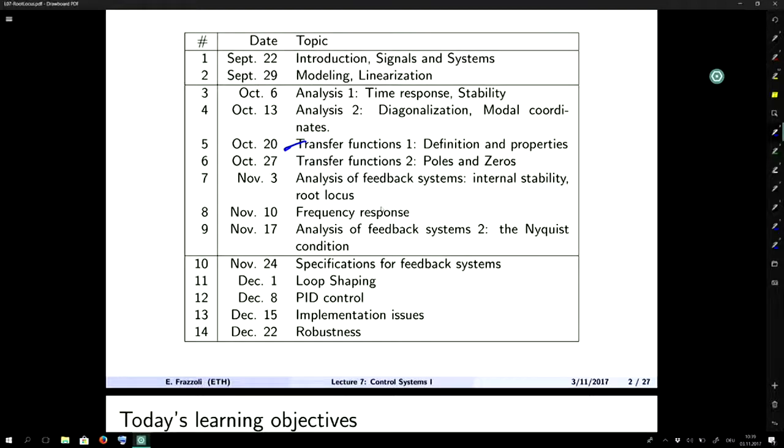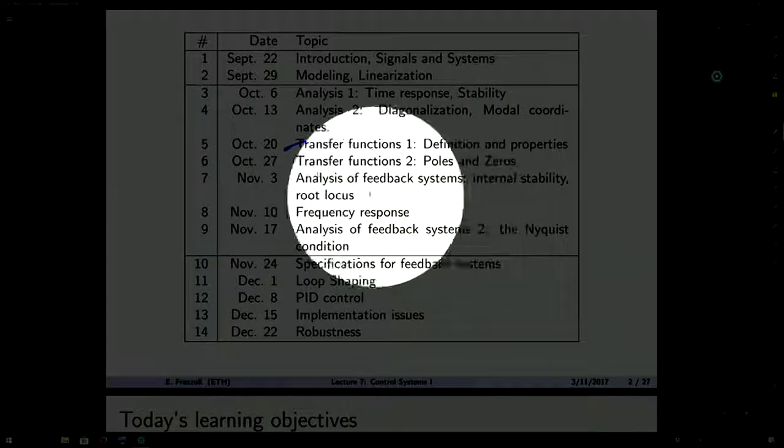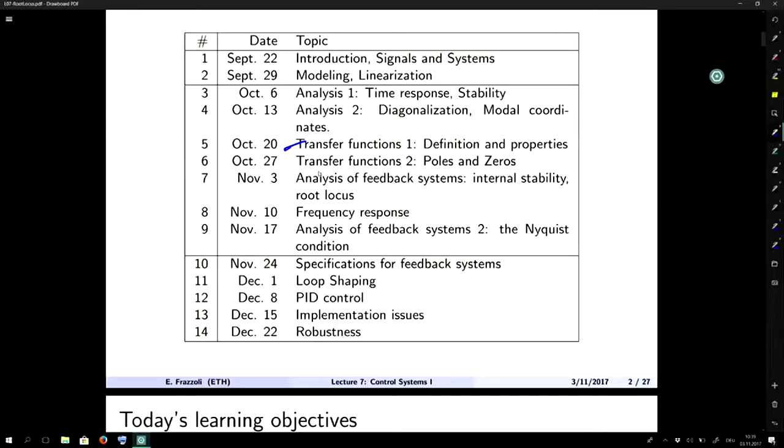Anyway, we are at this point where we have completed the part on the analysis of systems. Now, given a system, you have an idea of how you can come up with a model, get the equations that describe the behavior of the system.